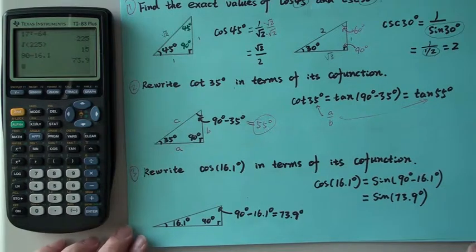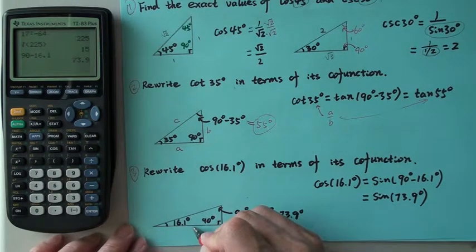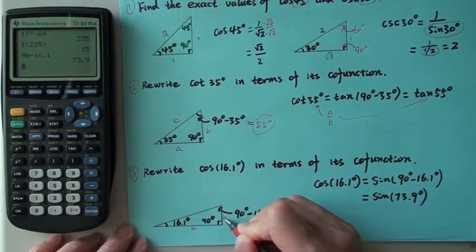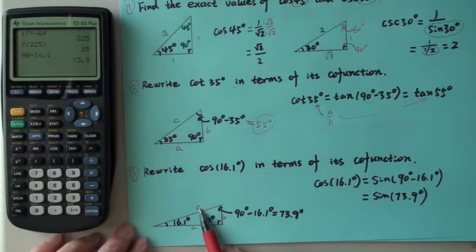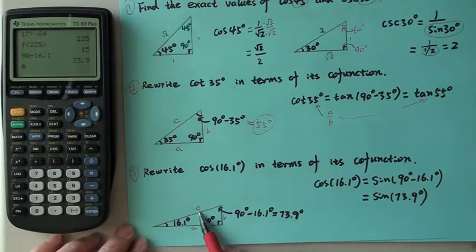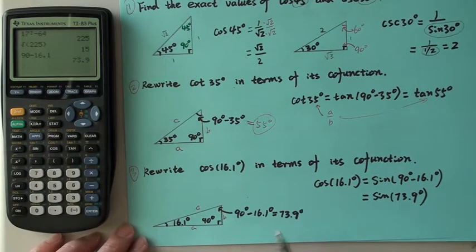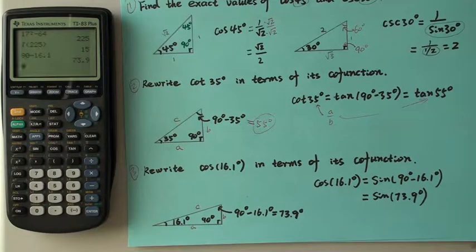In this right triangle, you may also write A here, B here, and C here. Cosine of this degree is A over C. But that's actually the sine of this other angle, because A is the opposite side of that one, A over C. So you want it to be clear.